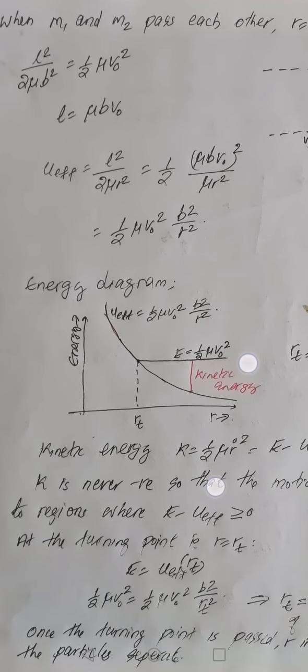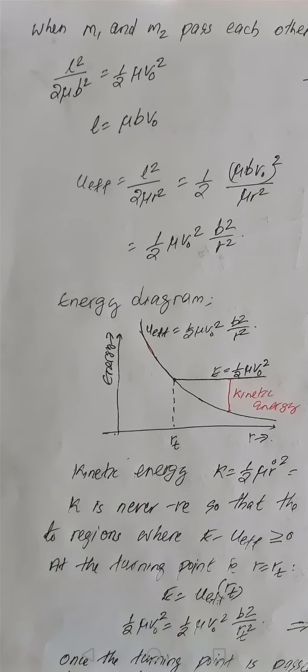Once the turning point is passed, r increases and the particles separate.